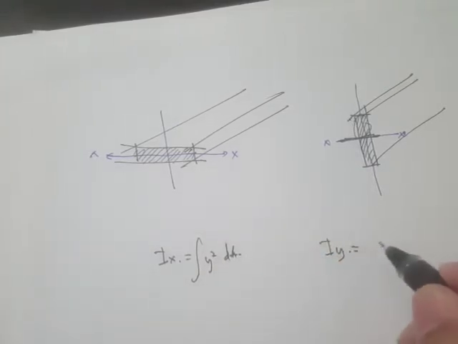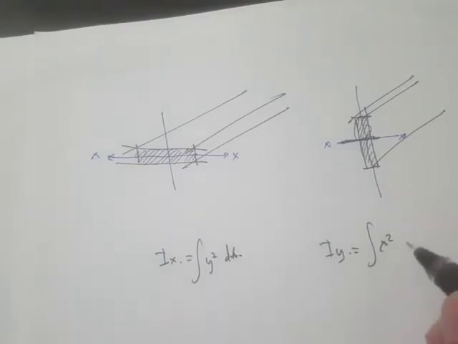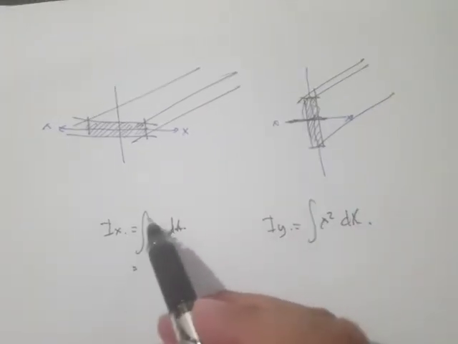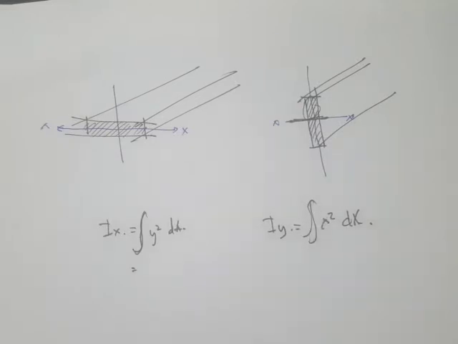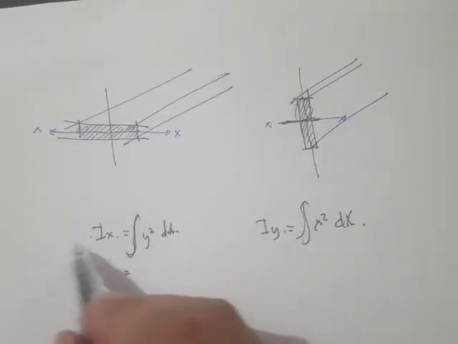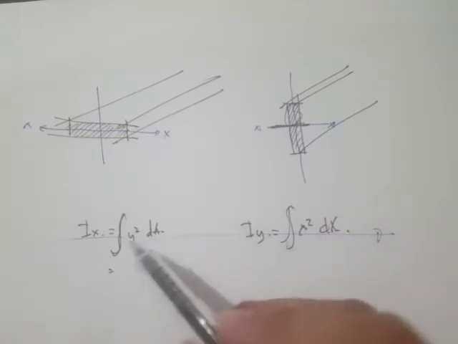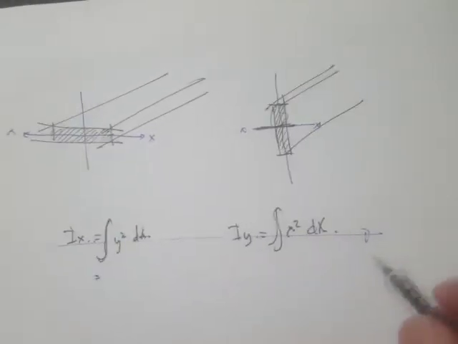Okay, and this is the integral of x squared dA. So whenever you encounter this integral sign, that's the general way for obtaining the moment of inertia.